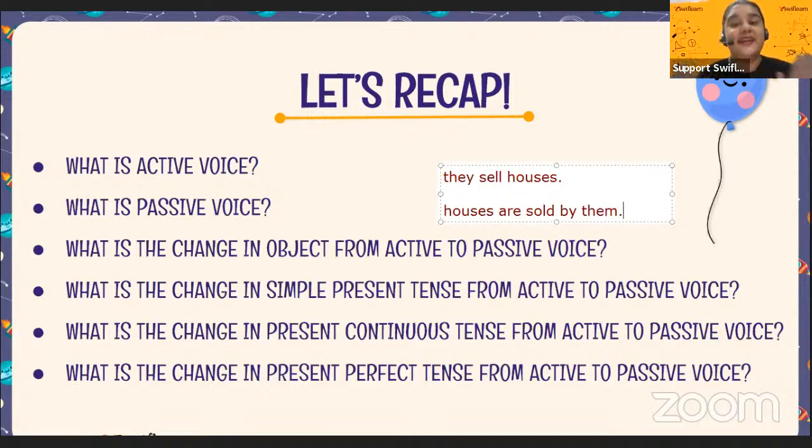Very good. Getting it? Here the object is becoming subject and the subject is becoming object. The subject here is they, which becomes them now. The object is houses, which becomes your subject. And the rule is is/am/are plus verb third form. What is the verb third form of sell? Yes, sold. Very good. Clear? Is it clear to you?